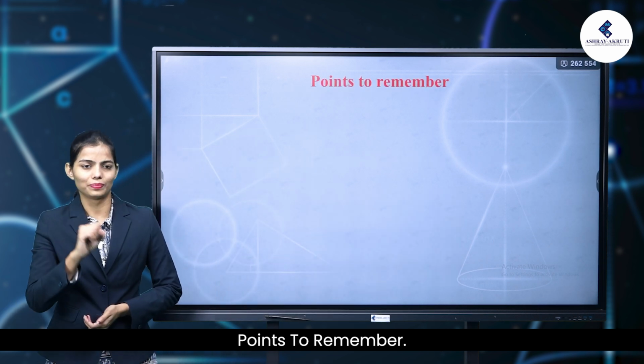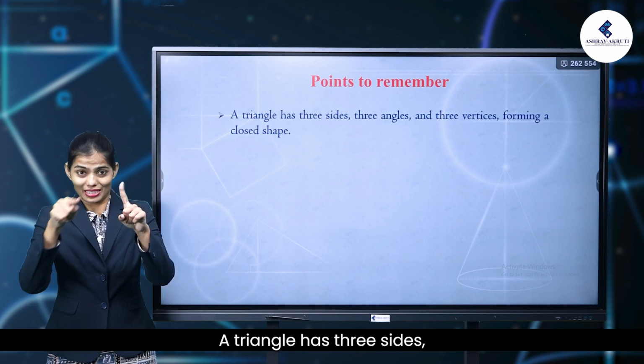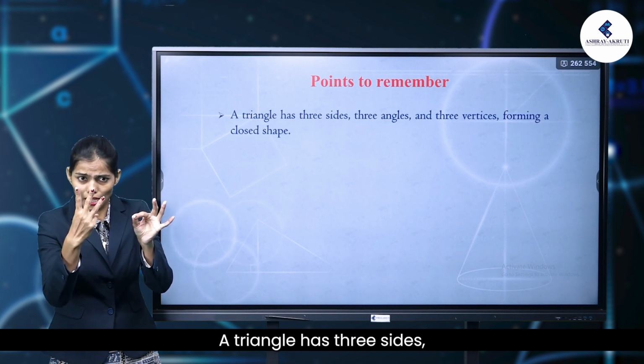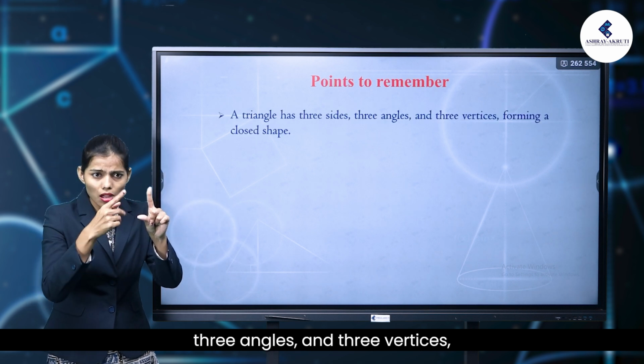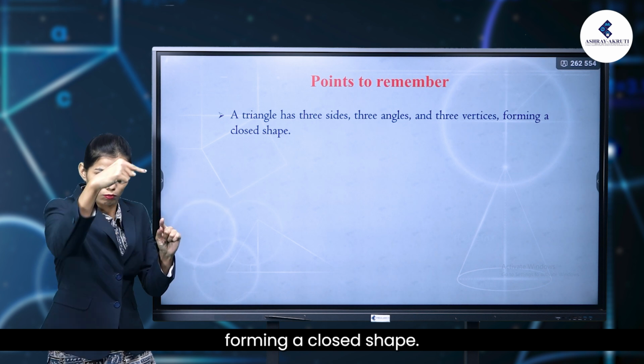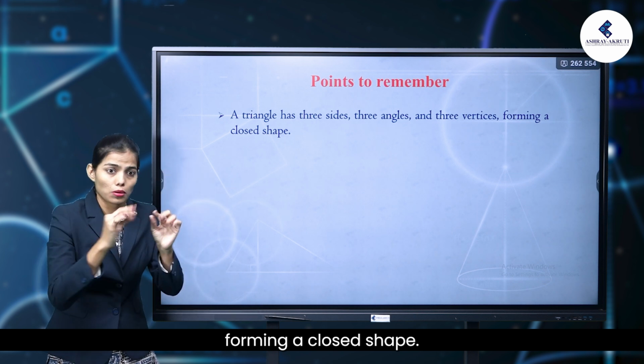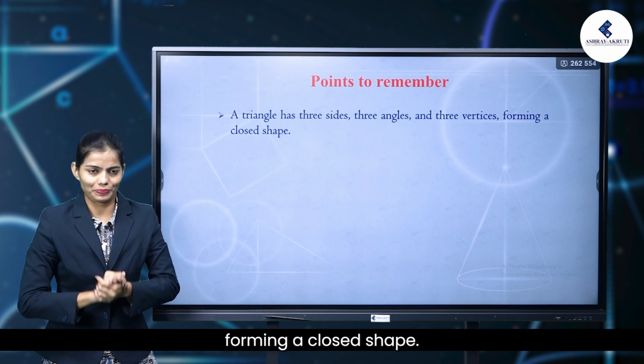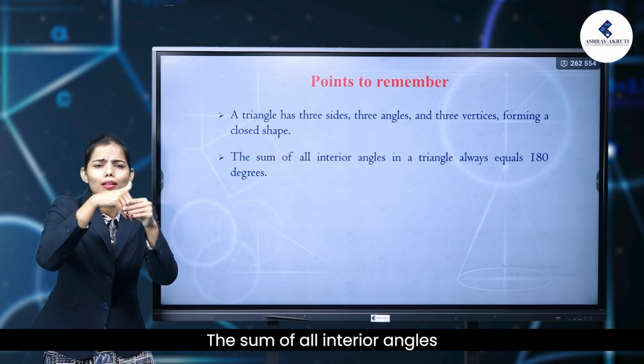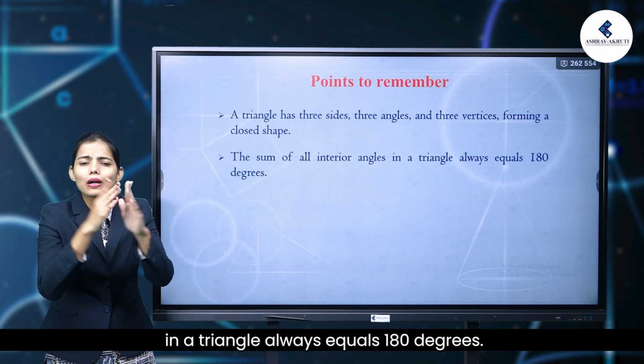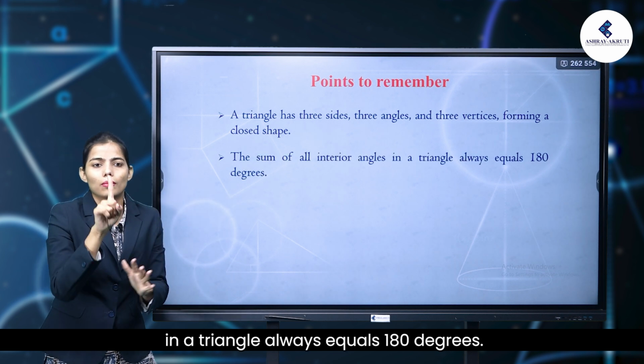Points to remember. A triangle has three sides, three angles and three vertices forming a closed shape. The sum of all interior angles in a triangle always equals 180 degrees.